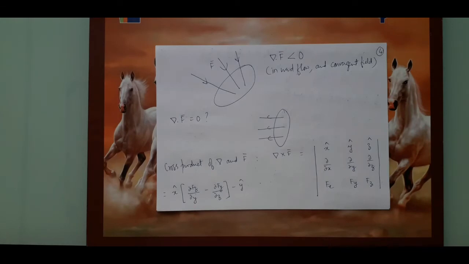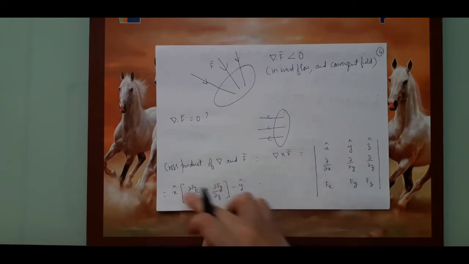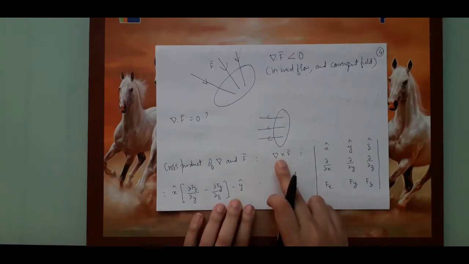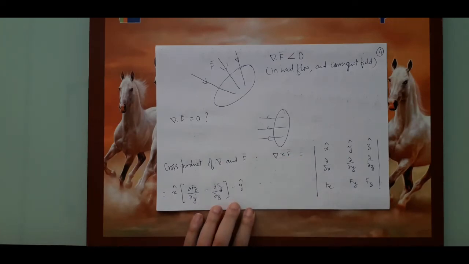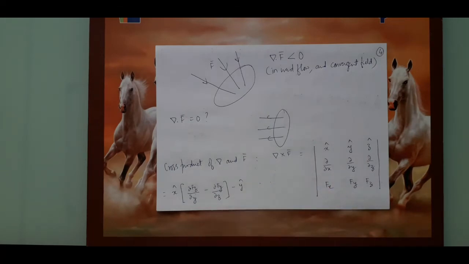This is the way you can open up a determinant. So what we see is that the cross product of del and F is also a vector, as it very well should be, because we know that the cross product of two vectors also gives us a vector.